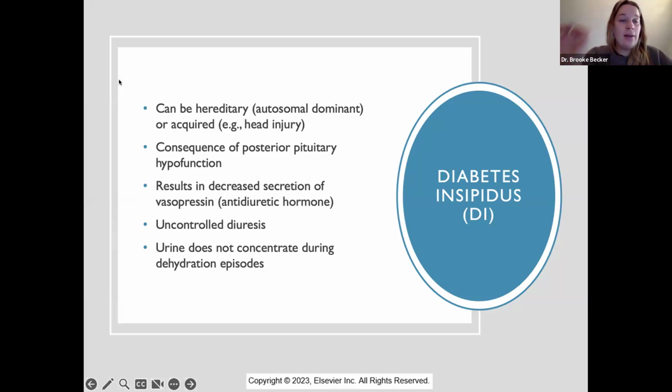This is not like diabetes mellitus. Not the same thing. But because of that decreased secretion of vasopressin or antidiuretic hormone, these people will be peeing a lot, so they're very much at risk for dehydration.